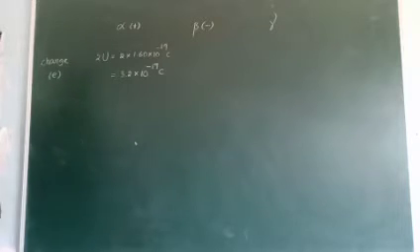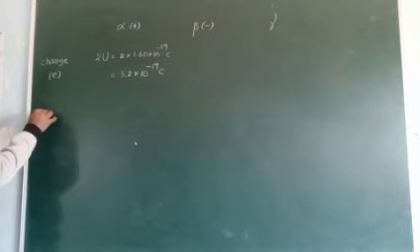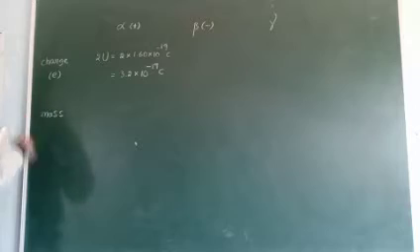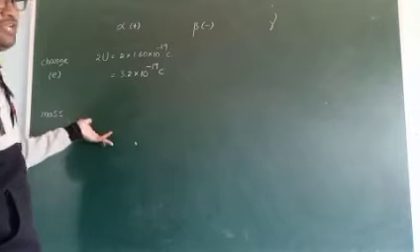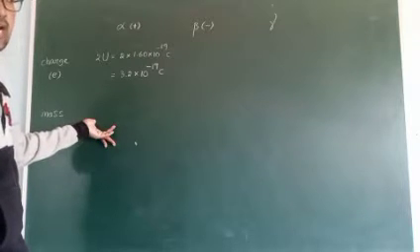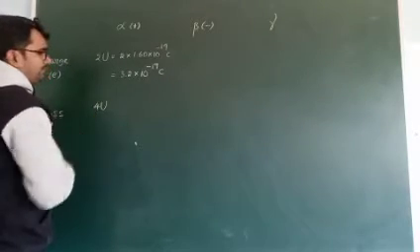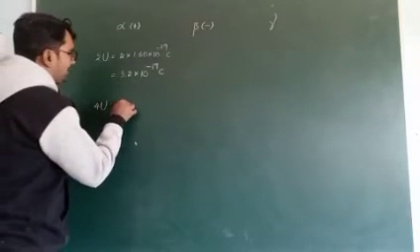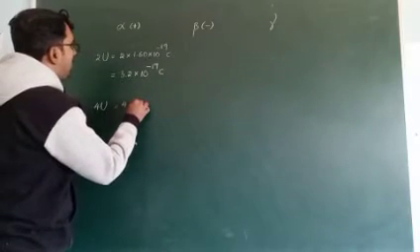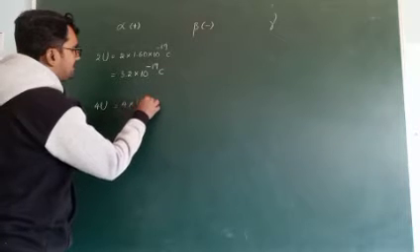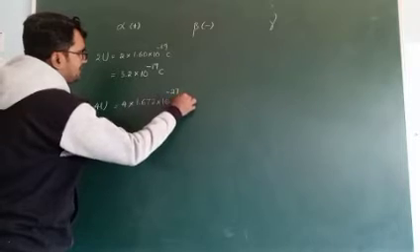Okay, what about the mass value of the alpha particle? When comparing with the proton, the alpha particle's mass value is 4 times greater than the proton. So 4 times means 4 into U. So simply 4 into the mass value of the proton, which is 1.672 into 10 to the power of minus 27 kgs.